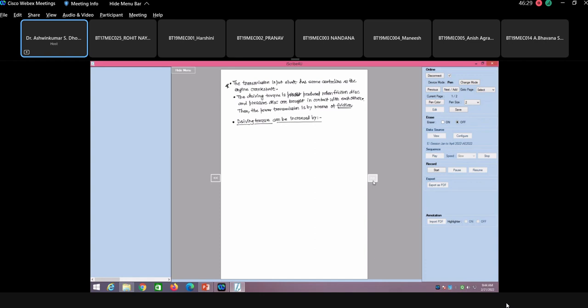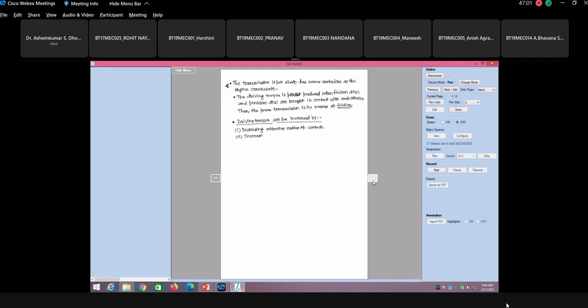One, the first one, increasing the effective radius of contact, because then if there is more contact, the chances of slippage will be less. Second, increasing the coefficient of friction.